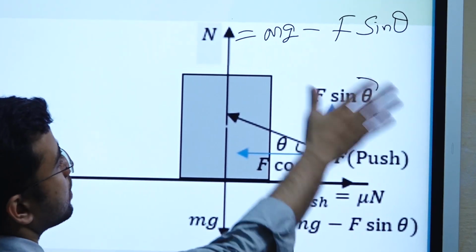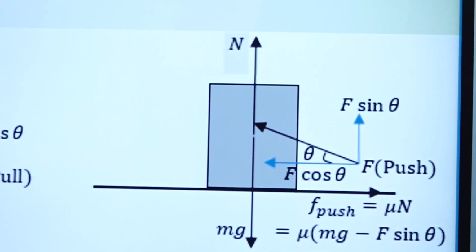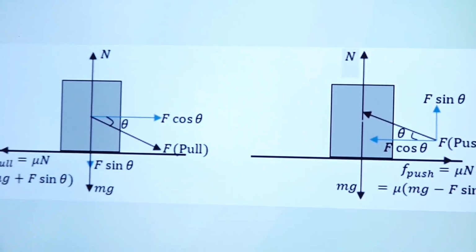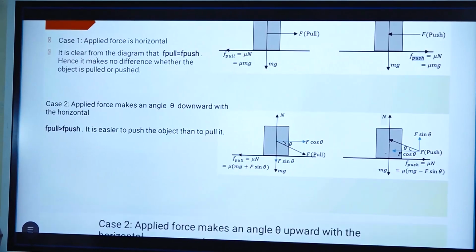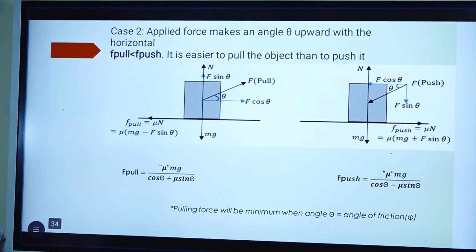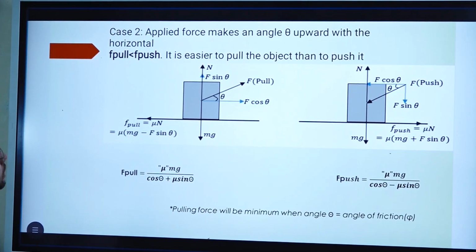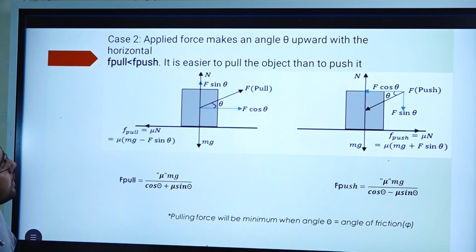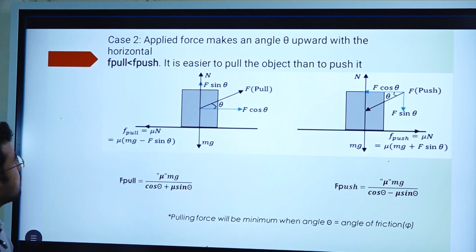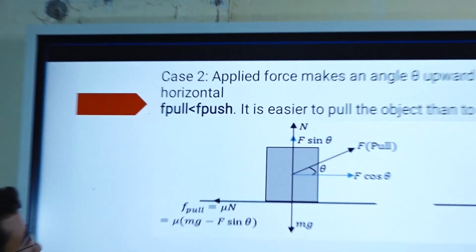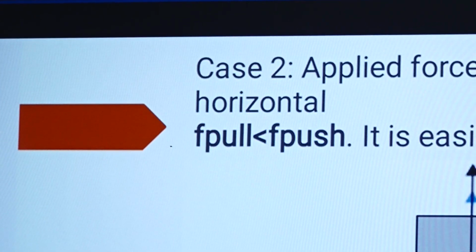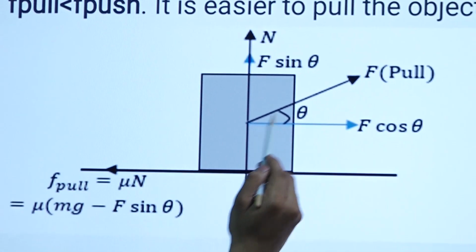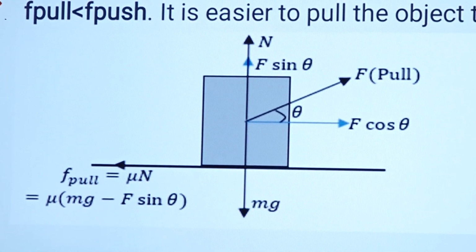Okay, so now let us move to the third case. So in the third case, applied force makes an angle theta upward with the horizontal. Okay, so in the third case what happens, as you can see here, applied force, pull force, is making an angle theta, right?